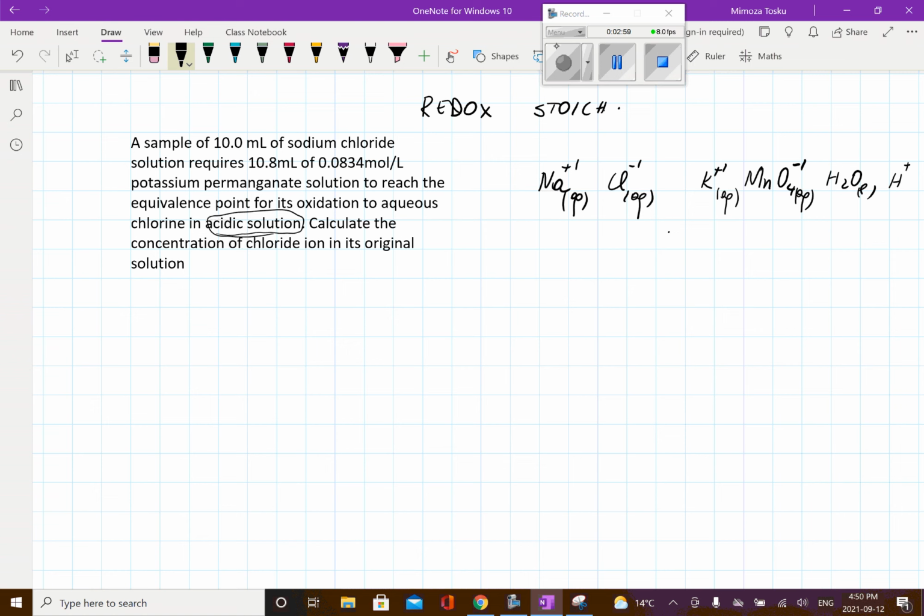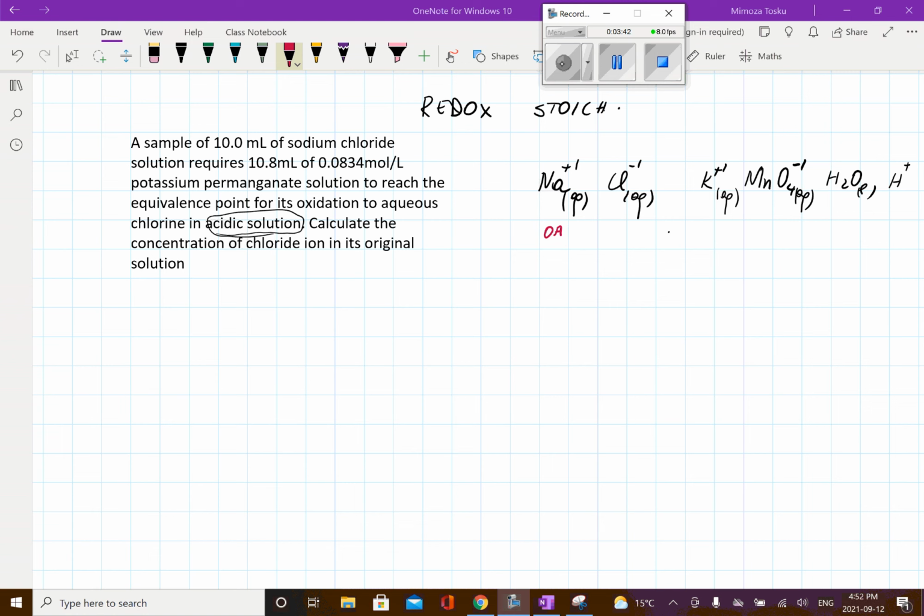Okay, so after we identify all the species of the equation in our solutions, what we do is identify which one is the oxidizing agent and which one is the reducing agent. Sodium is an oxidizing agent, because you will see it in the table on page 7, as we have mentioned, on the left side of the reaction, almost at the end: Na+ aqueous plus 1 electron gives you Na solid.